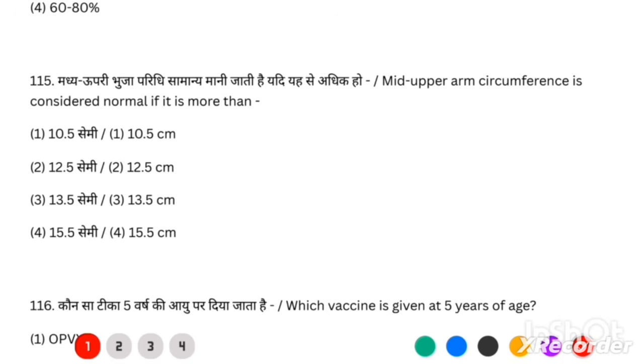So the correct answer is 13.5 centimeter.